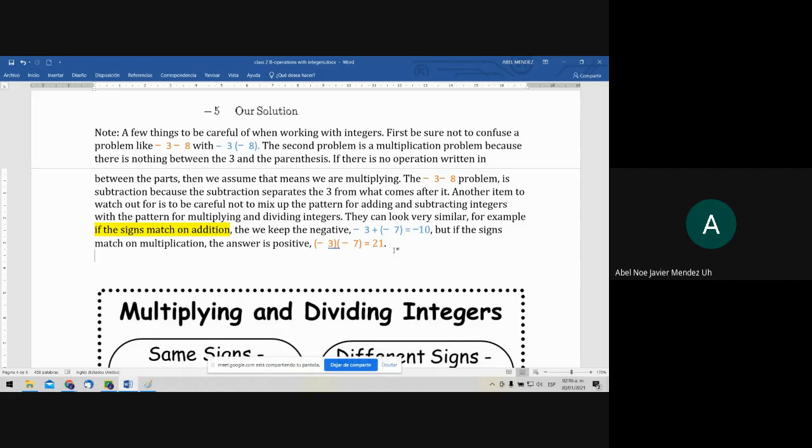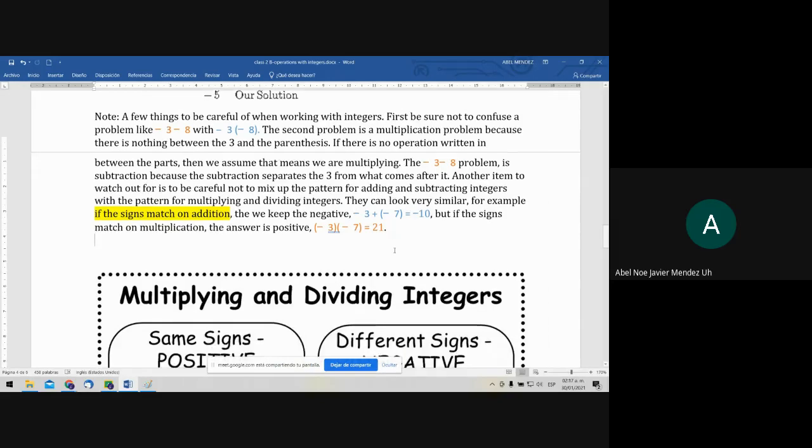But if you have another operation, a minus sign or another number that is multiplying, maybe the signs before the parentheses are modifying your number. Be careful with this.